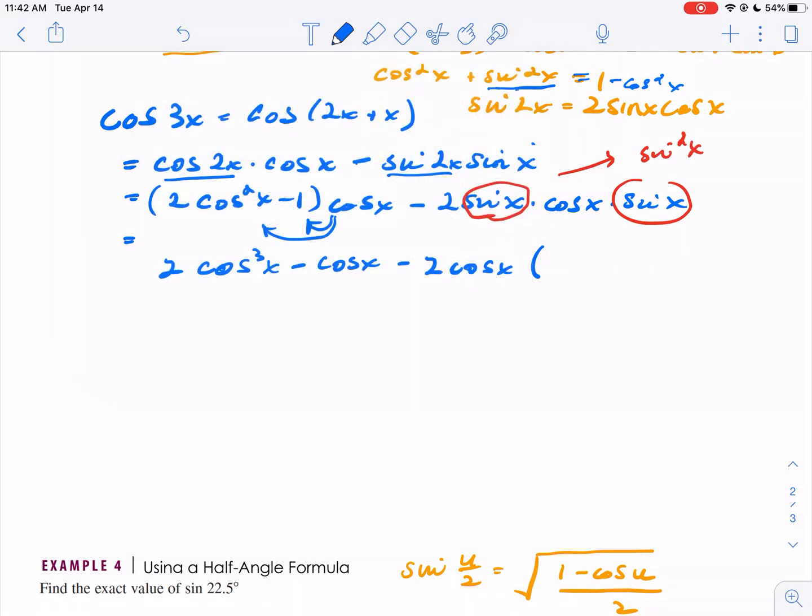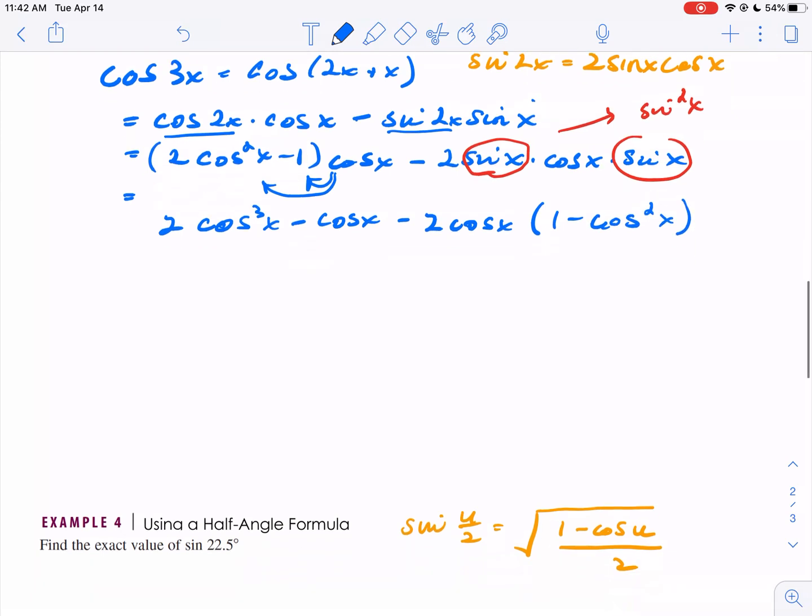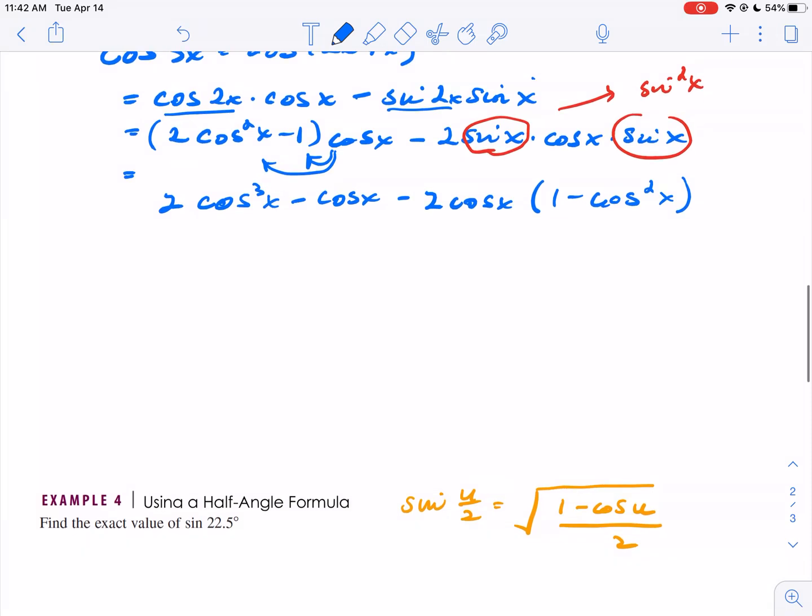So I'm going to replace that with 1 minus the cosine squared of x. And now all I need to do is simplify, because everything is now written in terms of cosine.